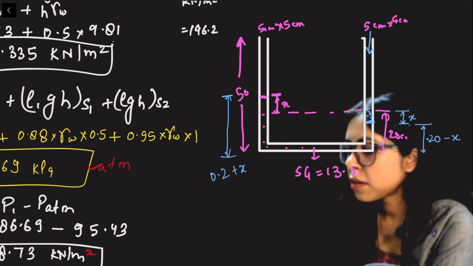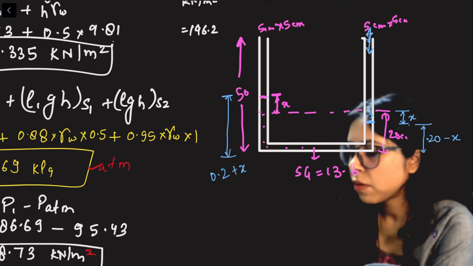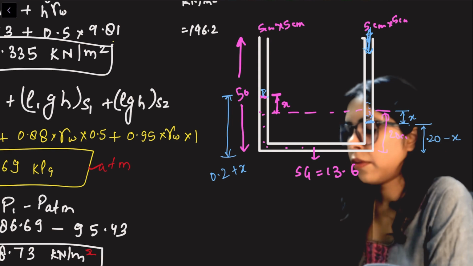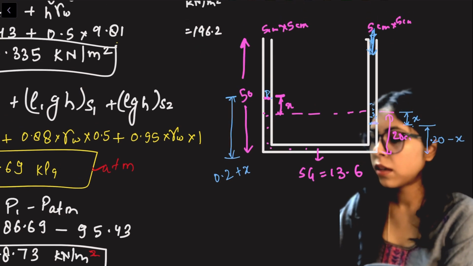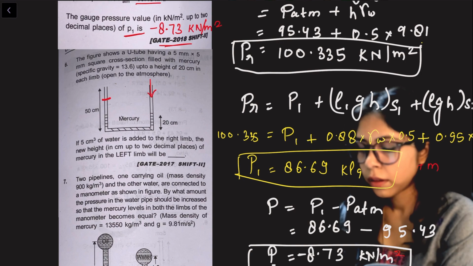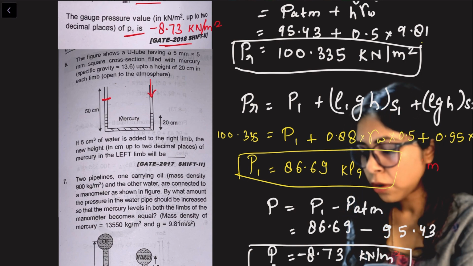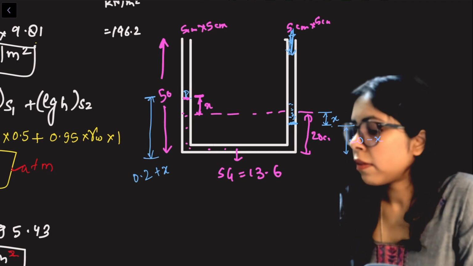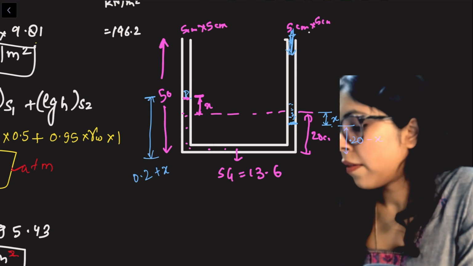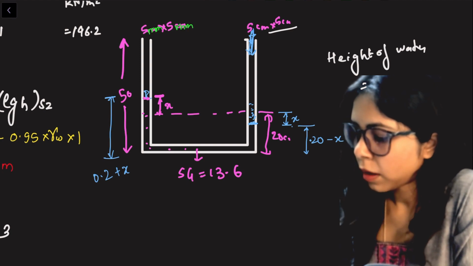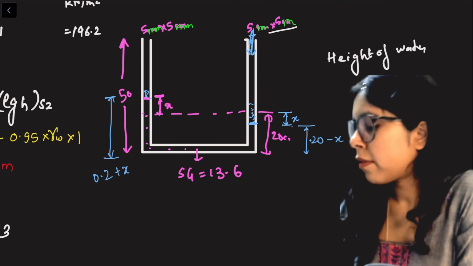Now we will put the equation. This limb is attached with water, and this limb is free to atmosphere. So from right to left we can calculate the pressure and find the height. This is not circular, right? If I want to calculate the height, I am putting water of volume 5 centimeter cube. To convert it into height, the height will be volume upon area.